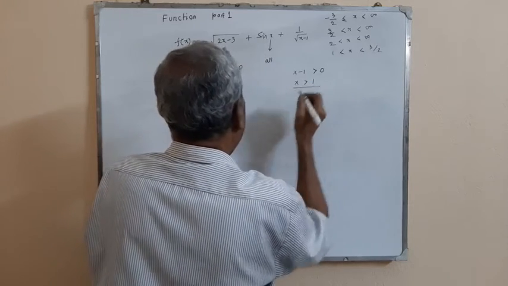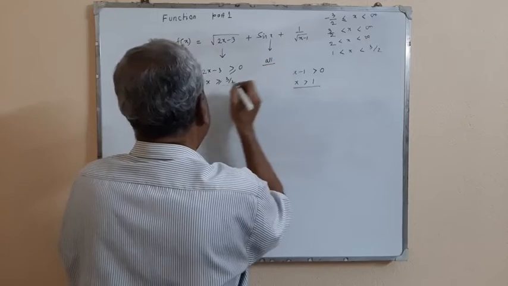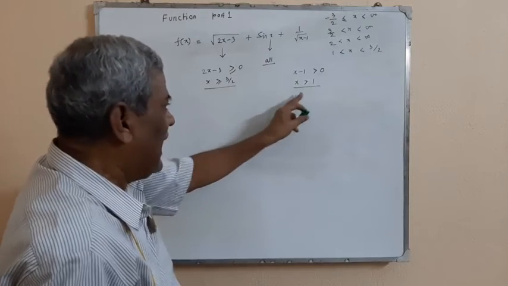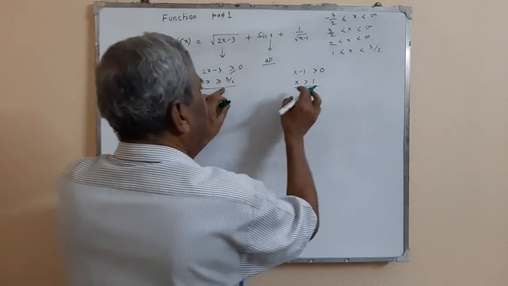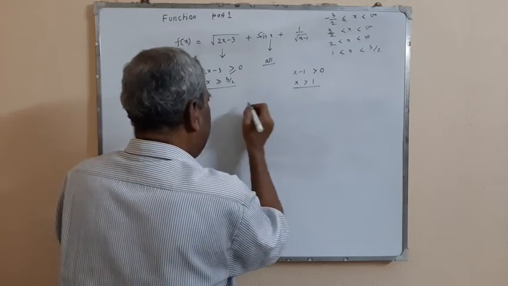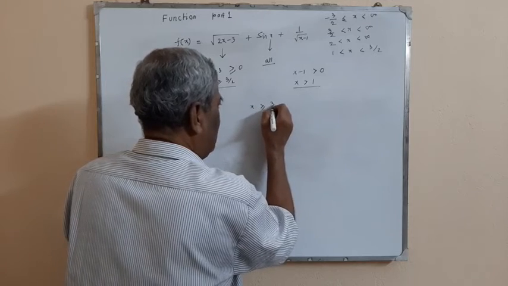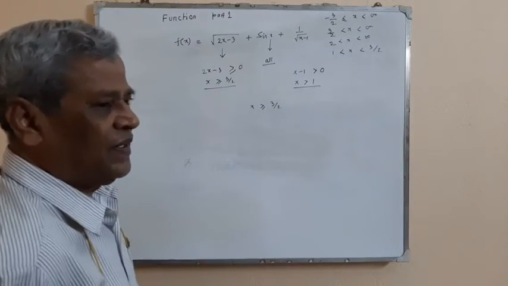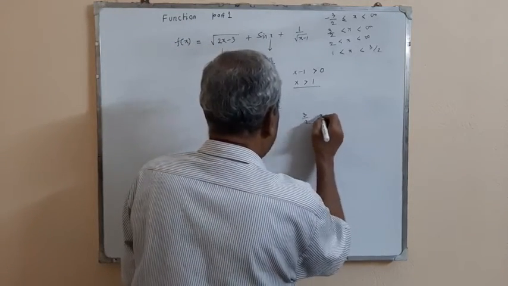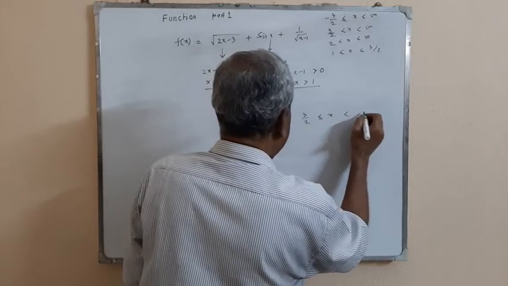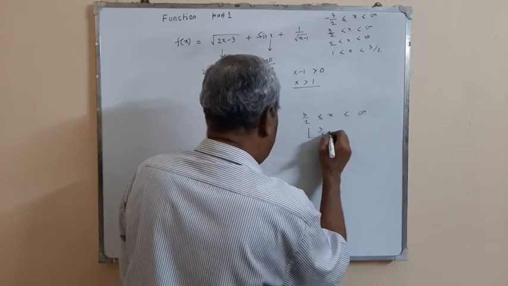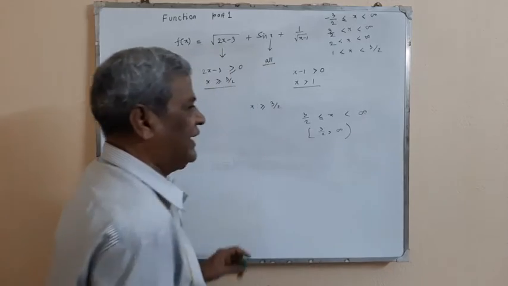So we have to take the common value of this and that. x should be greater than or equal to 3 by 2, and x is greater than 1. So the common value is x greater than or equal to 3 by 2, which is the domain of definition of the given function. It can be written as 3 by 2 less than or equal to x less than infinity, or as [3 by 2, infinity).